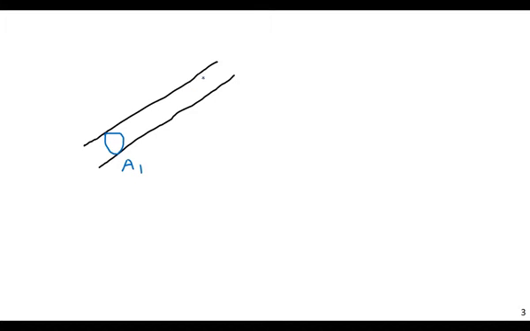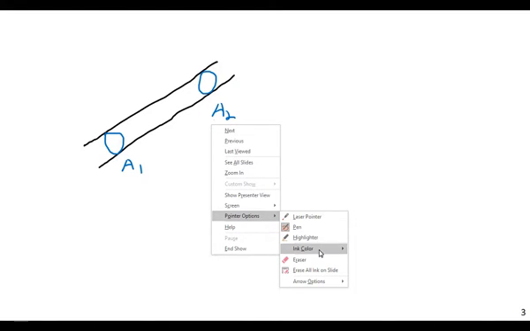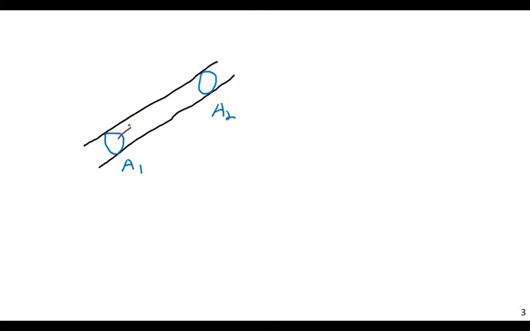Say there was an A1 and an A2, and maybe here the fluid is flowing up. Maybe here there's V1, and here there's V2. And here there's P1 and Z1, the pressure one and the height one. And here there's P2 and Z2. So pressure 1, pressure 2, height 1, height 2.